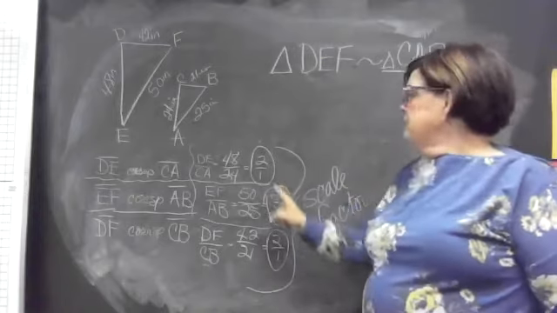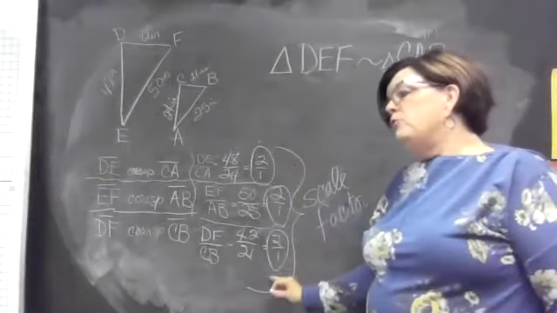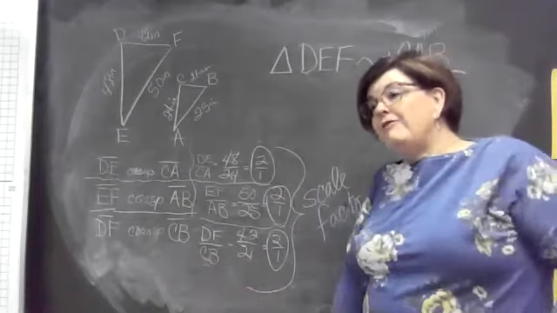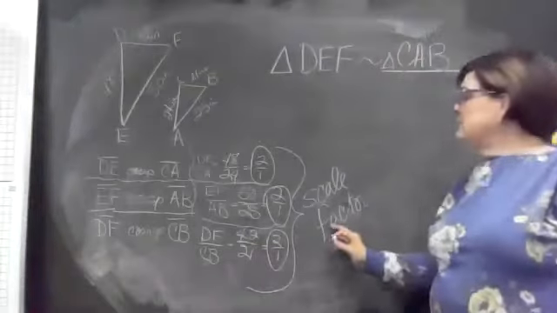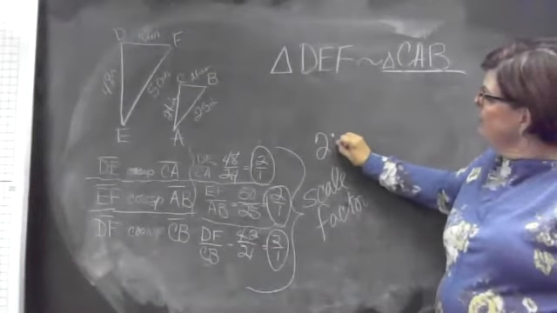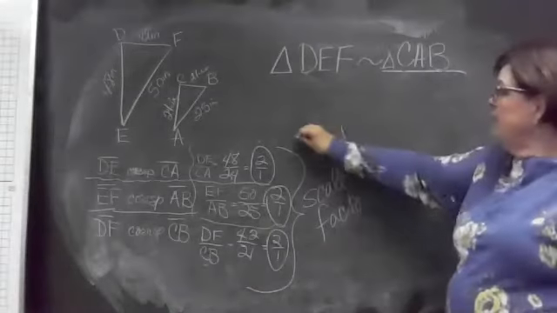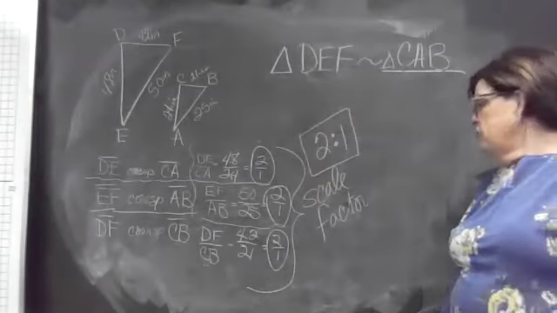So not only are we testing to see if the sides are proportional, when they are, we already know the scale factor. Okay, and the scale factor most of the time will be written with a colon, 2 to 1, giving you a head start.